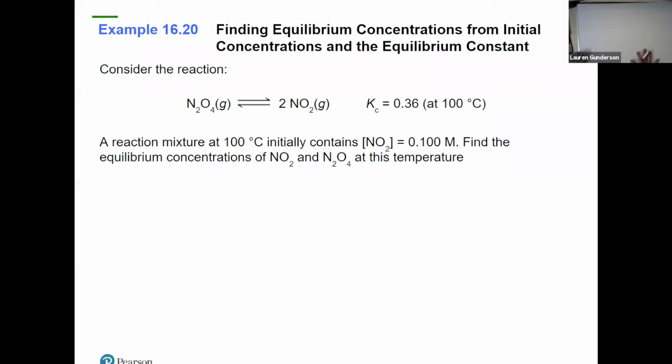Okay, but sometimes we can't take the square root when we are solving out these problems. And that means that we're going to have to use a different method to solve for x. That different method is, unfortunately, the quadratic equation. Let's take a look at one of these examples. So let's write down our reaction and our K value.